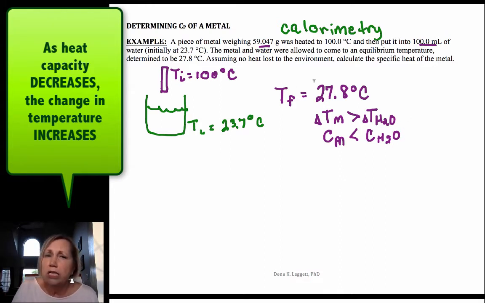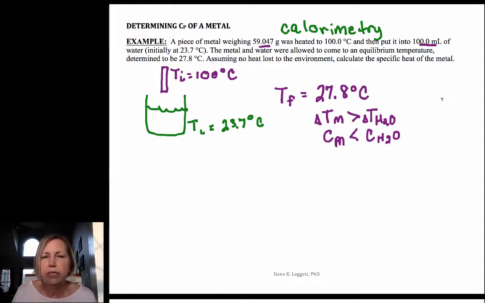Now, I'm not talking about quantitatively because we do have less metal, so we would expect its temperature change to be different. But if you just look at a ballpark, this is a pretty significant difference. So it's good to be able to compare some of that qualitative prediction in this case.